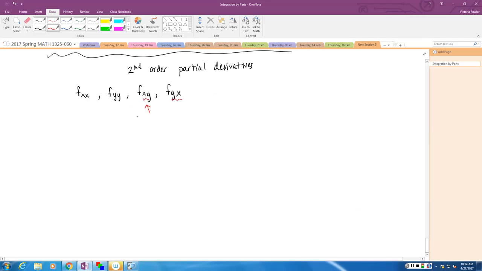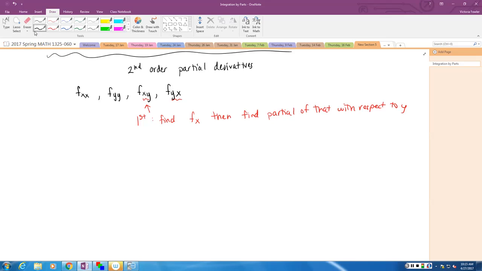What this is saying is that you're going to find the partial of f with respect to x, then find the partial derivative of that with respect to y. So it's like taking a second derivative, but the order that's written really matters. So it'll make sense once you see an example.